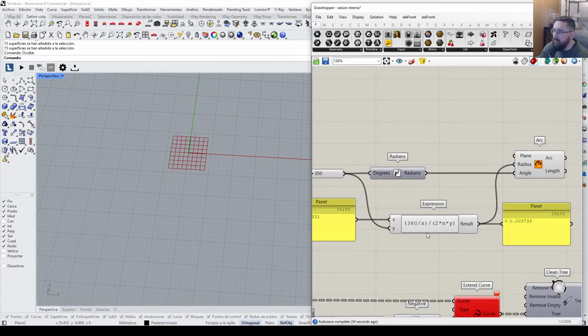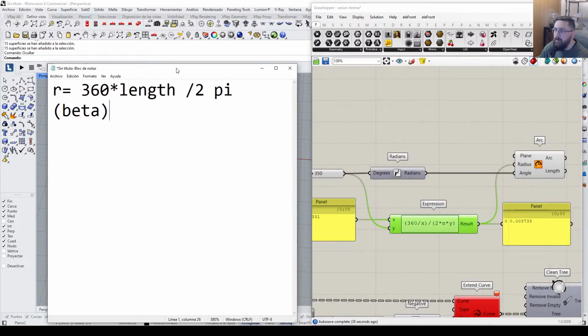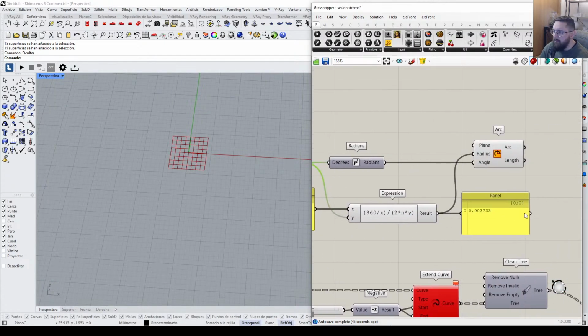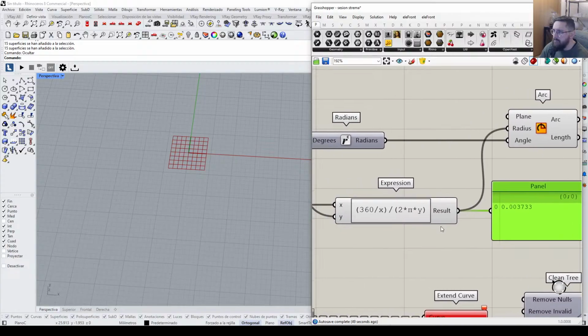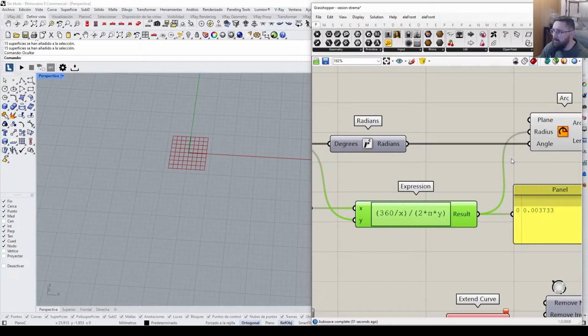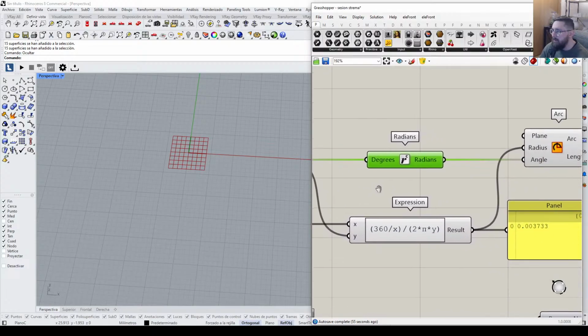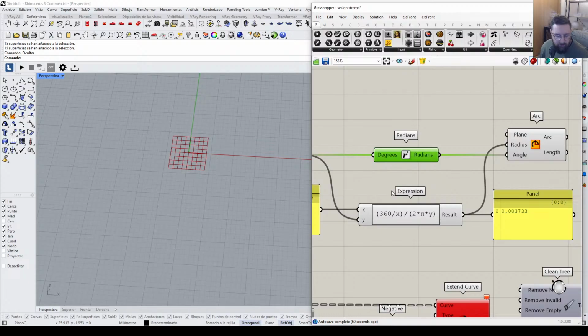Should be right? X is the length, 2 pi beta, 350. Did I do something wrong? Radius 0.0, angle. The hell? I'm gonna write this down.